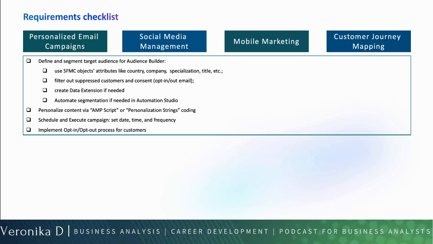Then, if you want to personalize content, like adding first and last name to the communication, you should ensure that AMPscript or personalization strings are included in the requirements for developers. Scheduling and campaign execution are basic mandatory requirements where we need to define campaign date, time, and frequency.